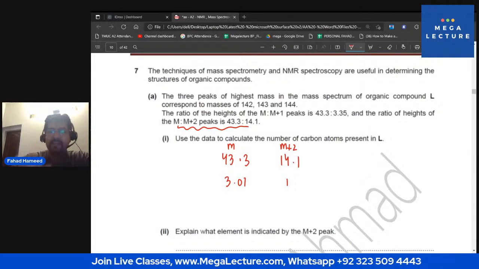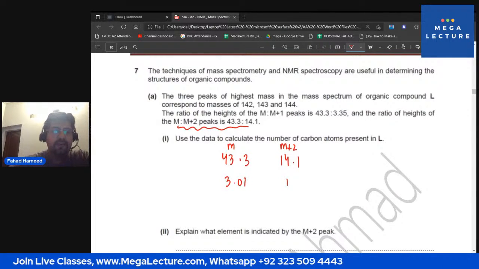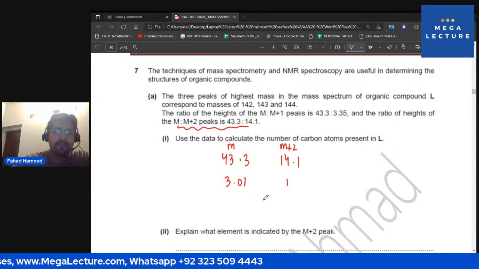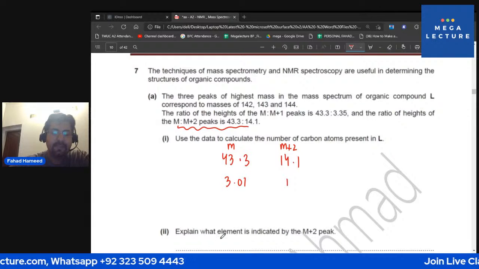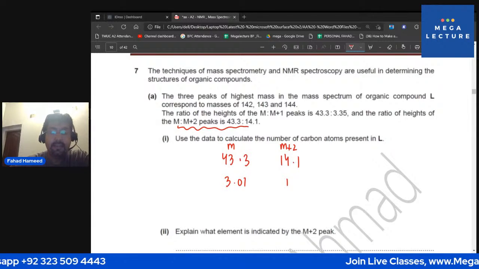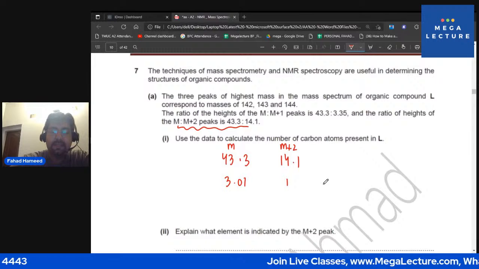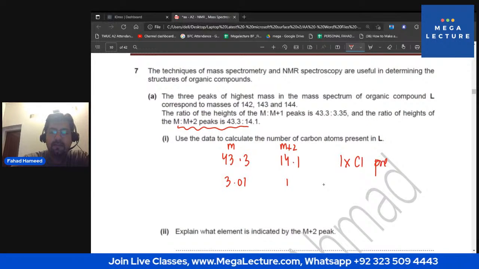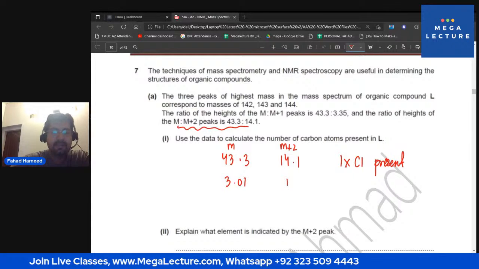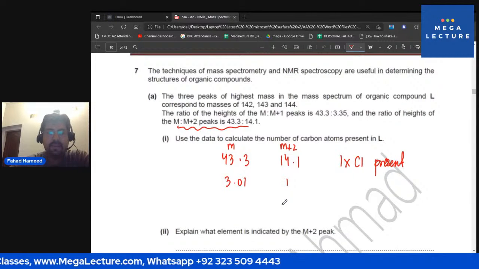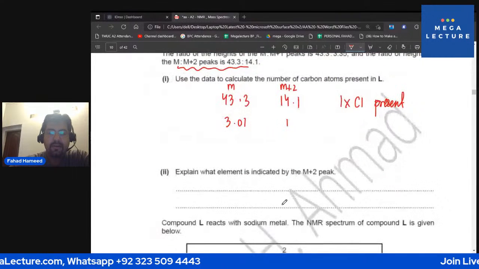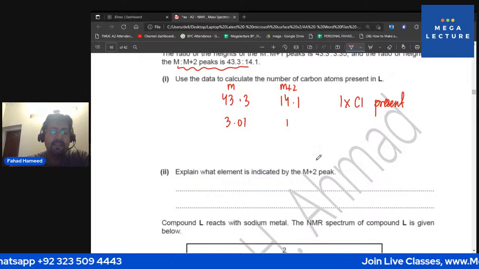So it's basically 3 to 1. What did we talk about for 3 to 1? Whenever you have an M plus 2 peak and it's 3 to 1, that means there is exactly 1 Cl present. It's got 1 Cl, that's it.